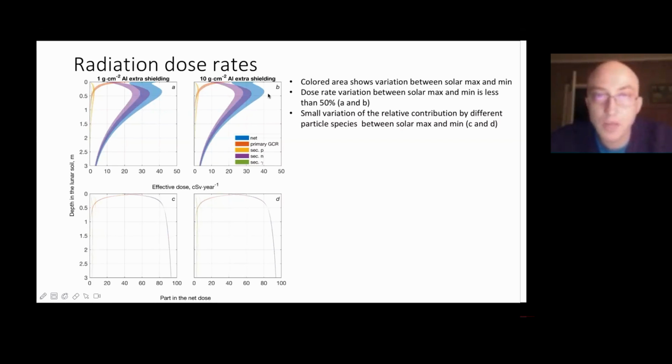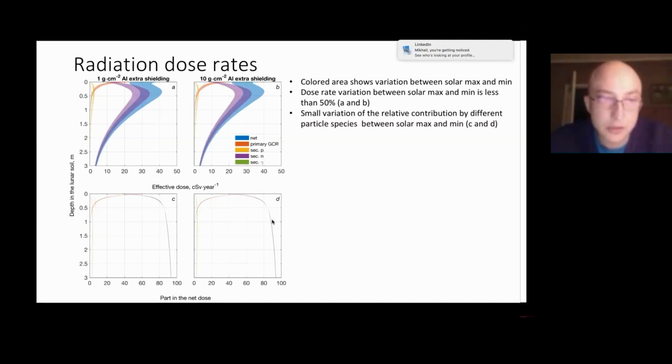The blue color on the top two panels shows the total effective dose, and the rest of the colors show the contribution of different species of particles. Red is for the primary GCR particles and violet for neutrons. These two types of particles contribute mostly to the effective dose.